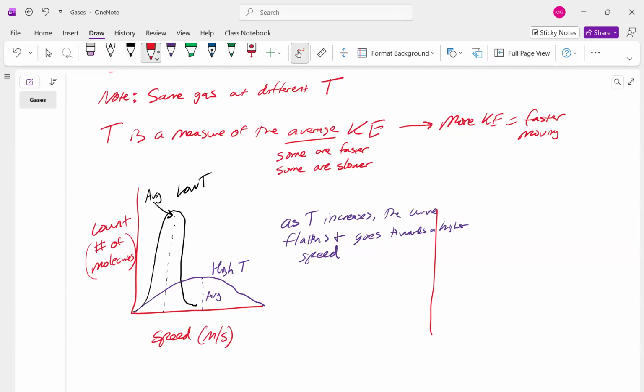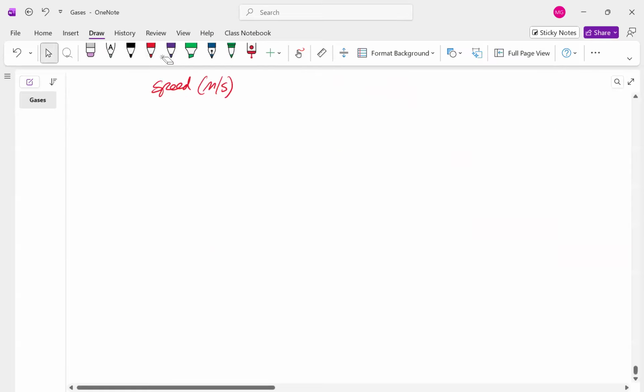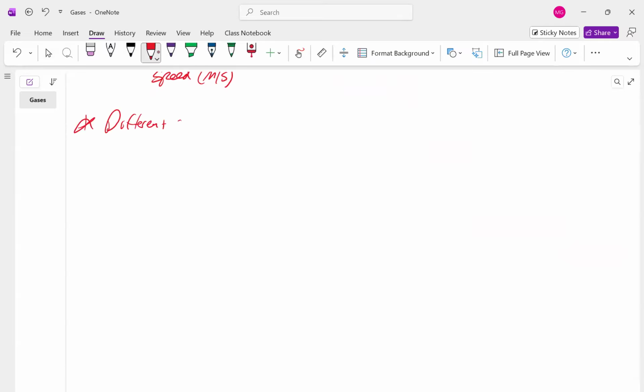Now, let's do one more comparison. Let's look at different gases at the same temperature. And in order to look at how the energy is going to compare, let's look at the formula for kinetic energy.